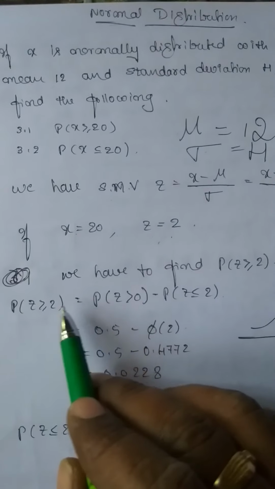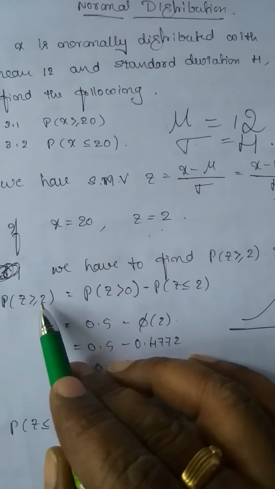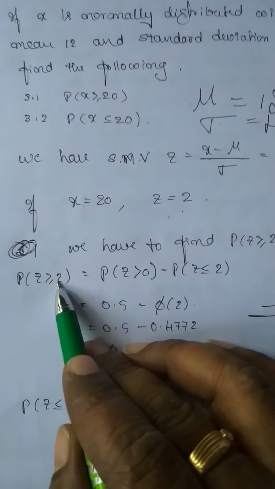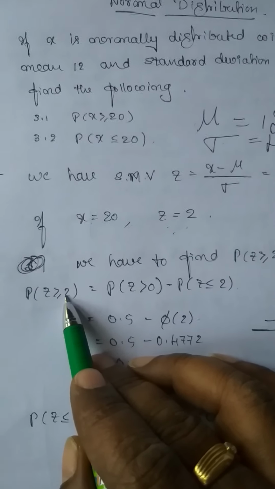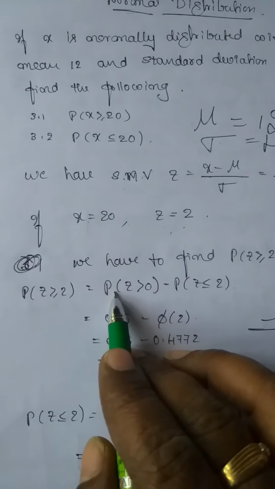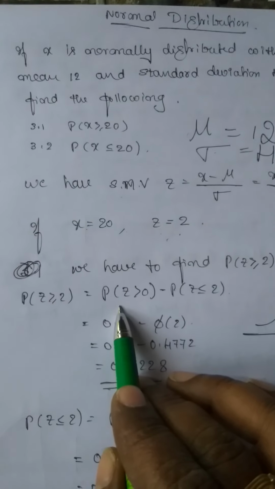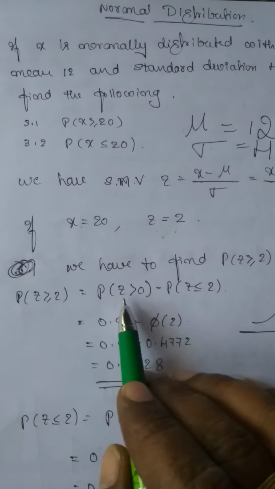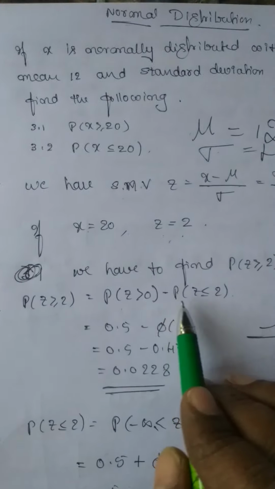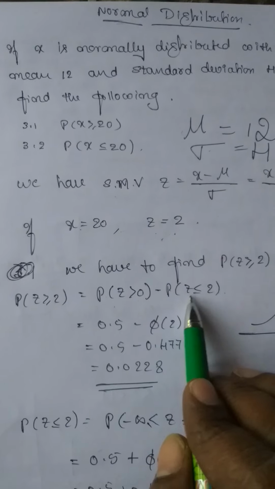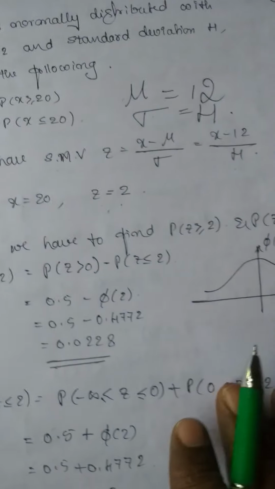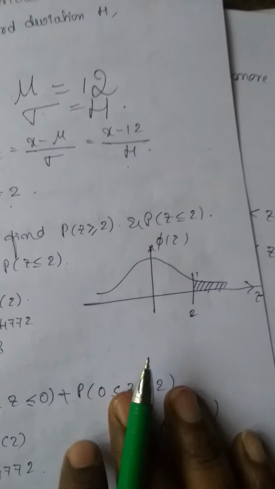Now, p of x greater than or equal to 20 is the same as p of z greater than or equal to 2. Now how can you get this? You first get the entire right-hand side of the line, that is p of z greater than or equal to 0. From there we are going to remove p of z less than 2. Now if you go through the bell shaped curve, then it will be clear.